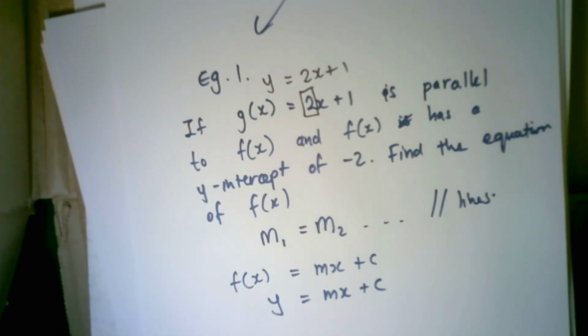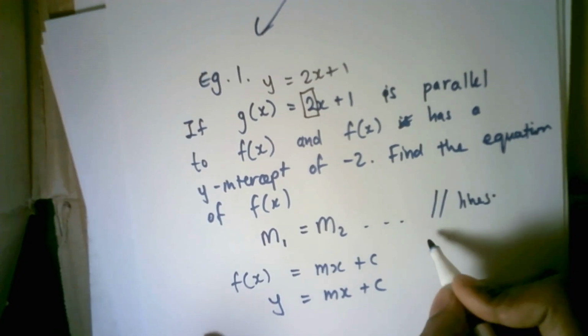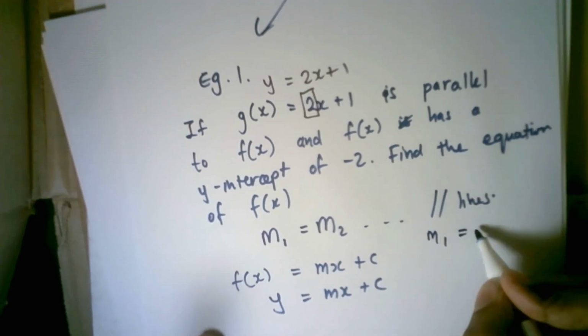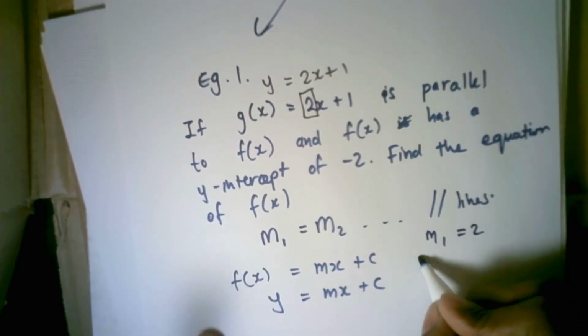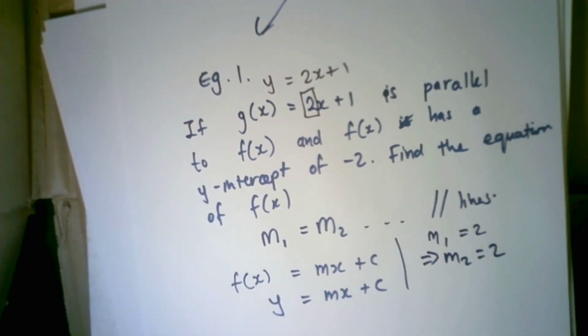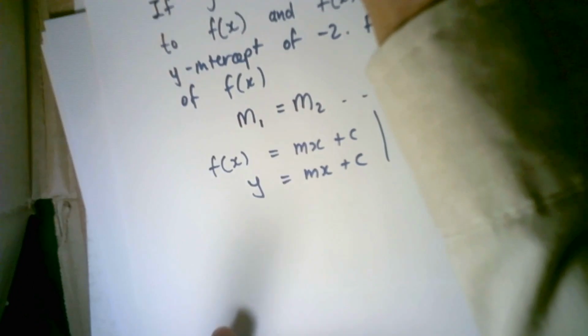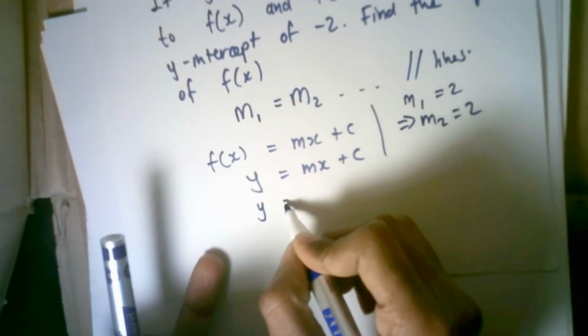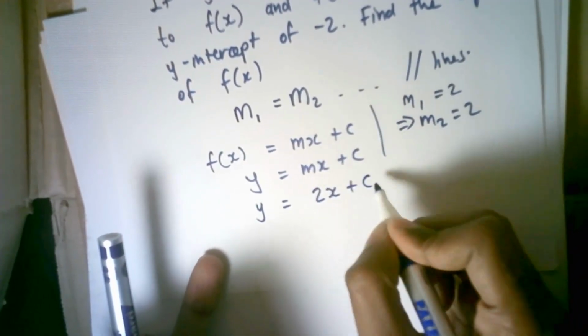So the gradient of line 1 is 2. So if m1 is equal to 2, it implies that m2 is also equal to 2 because they are parallel lines. And again, I'll emphasize, parallel lines have the same gradient. So I'm going to substitute 2 in the place of m. It's going to be y is equal to 2x plus c.